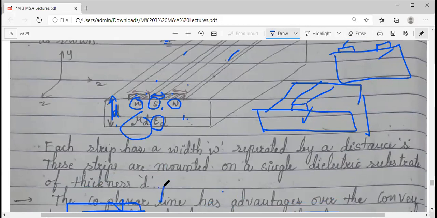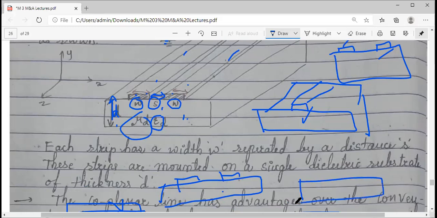You can take this as a substrate. I'm giving you the front view. You can use it like this, or you can take two ground plates here and have one strip in between.